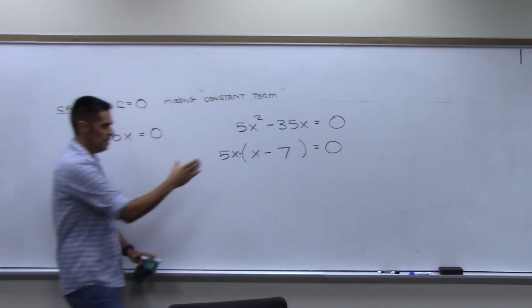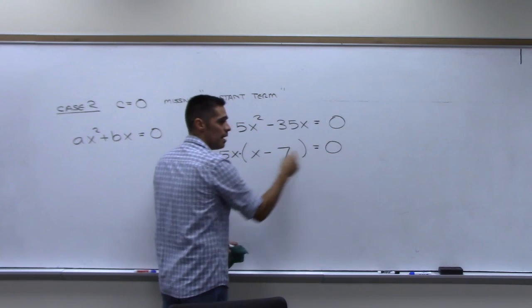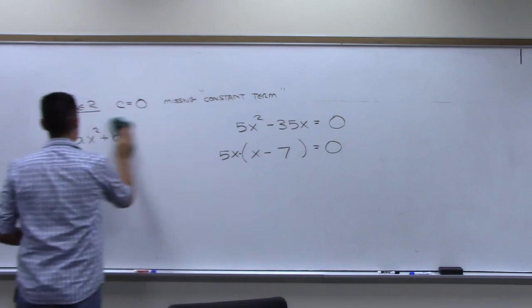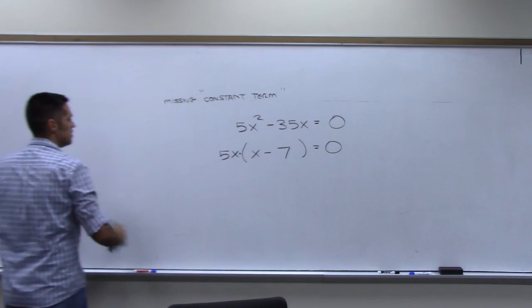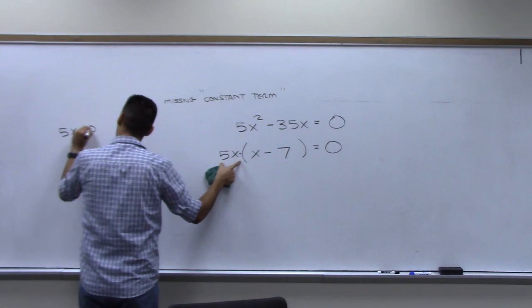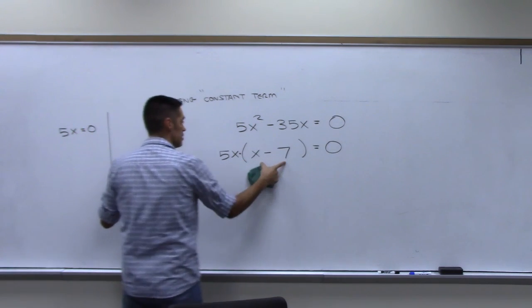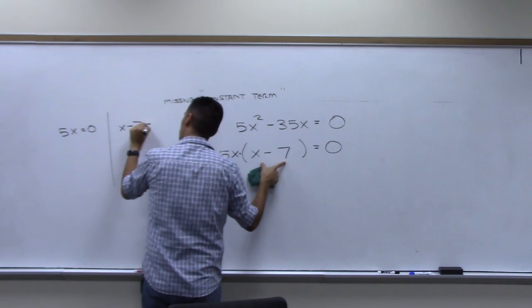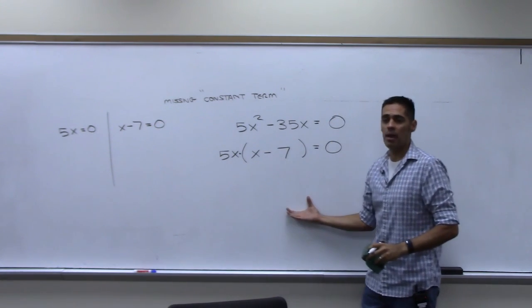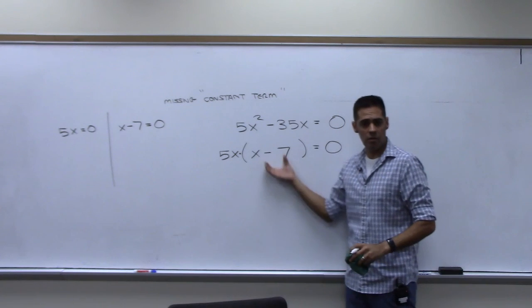If something times something is 0, then I guarantee you one of these has to be 0. So we are allowed to take the 5x and set it equal to 0, and then take the other factor, x minus 7, and set it equal to 0. Once we have factored, we set up two separate equations from those factors. Each factor creates its own equation.